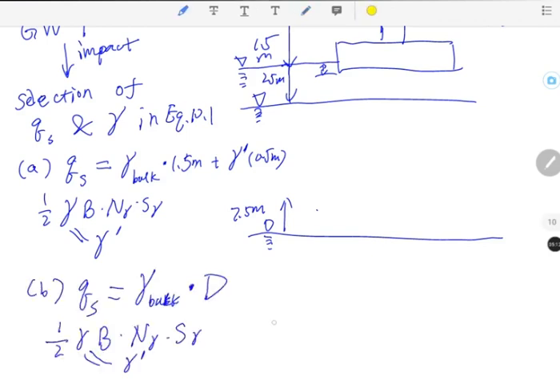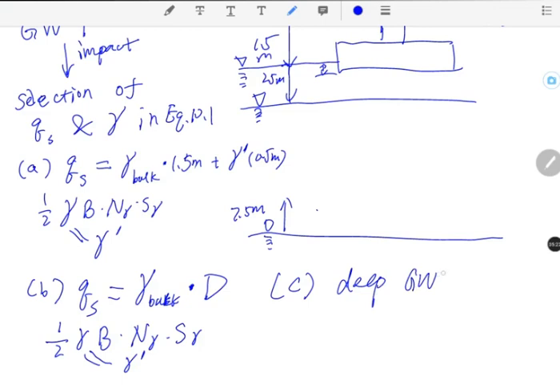Then for part C, we have a very deep groundwater table. So the groundwater table is not going to impact the calculation of QS and gamma.